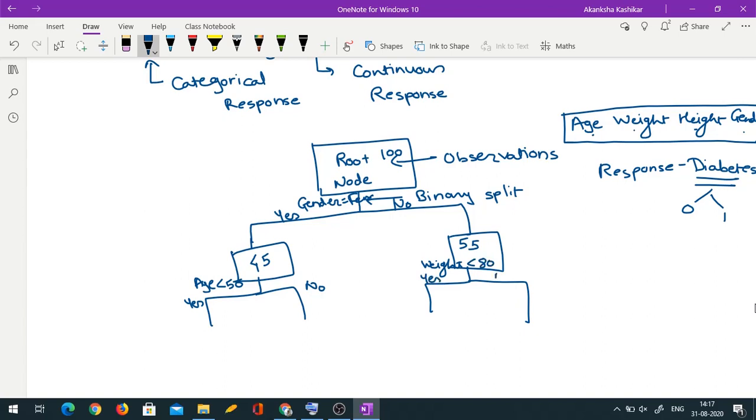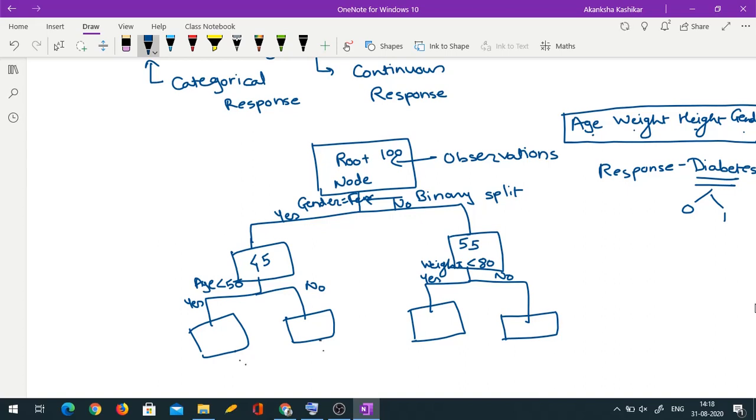So yes is here, no is here. Then out of these 45 females, whoever have age less than 50, they would be shifted to this node. Whoever have age greater than 50, they would be shifted to this node. Similarly, out of these 55 males, those who have weight less than 80 would be in this node. Those who have weight more than 80 would be in this node.